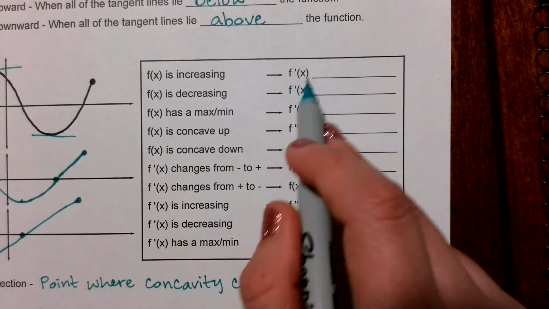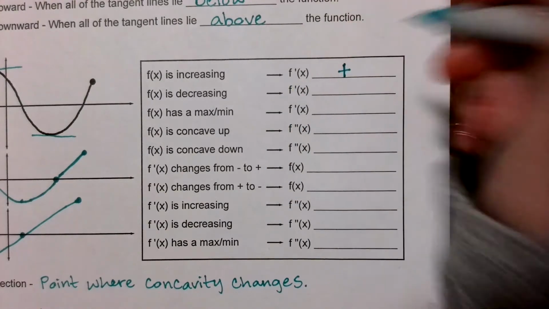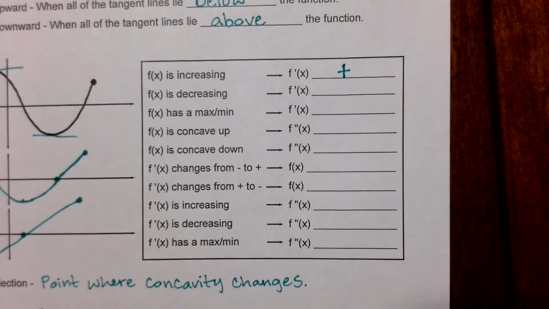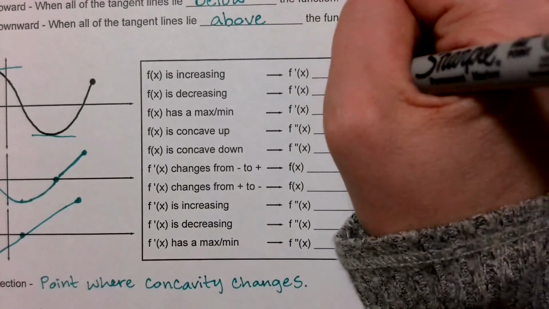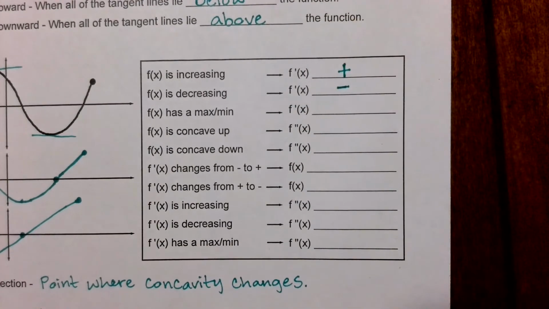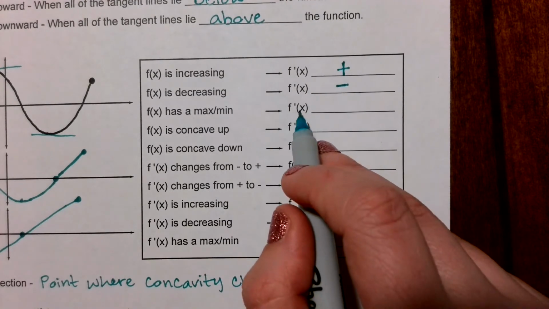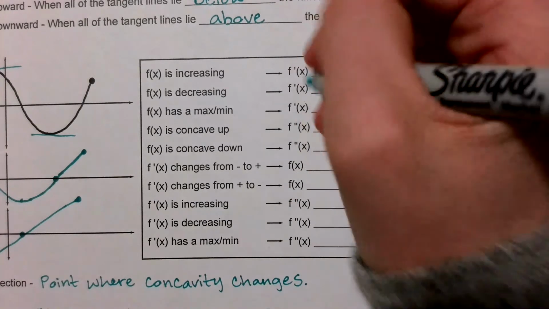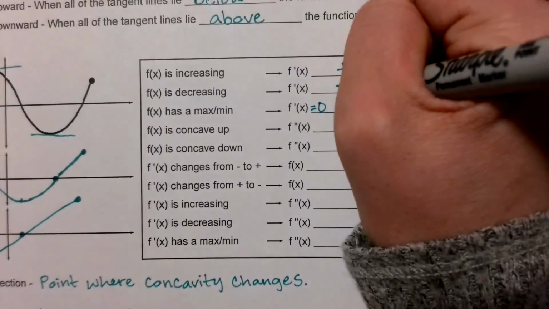That would mean that the slope of f, f prime, is positive. For f of x decreasing, the opposite is true. The slope of f is negative. If f has a min or a max, that means that f prime of x equaled 0, but also had to change signs.